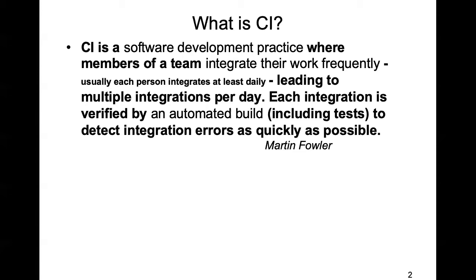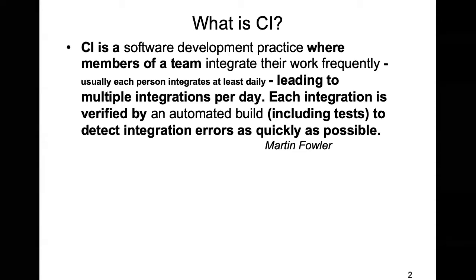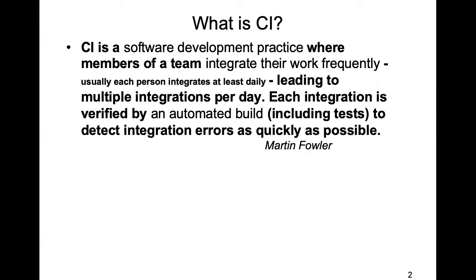Each integration is verified by an automated build. Build in the case of JavaScript would be possibly transpiling all of the code and running tests, as I said. And the whole purpose is to detect integration errors as quickly as possible. That's the whole point of CI.